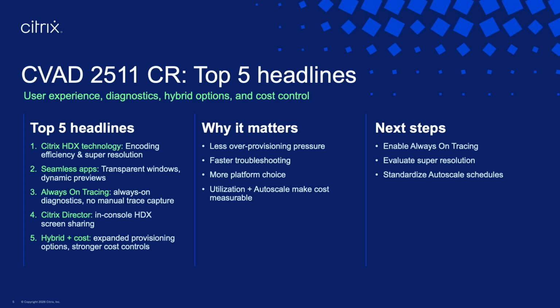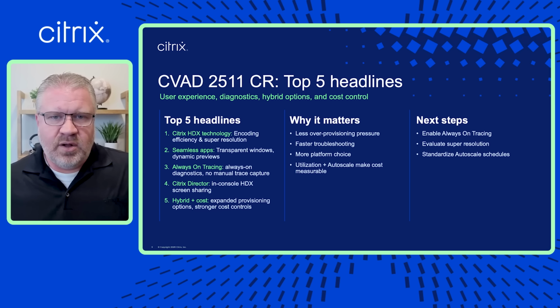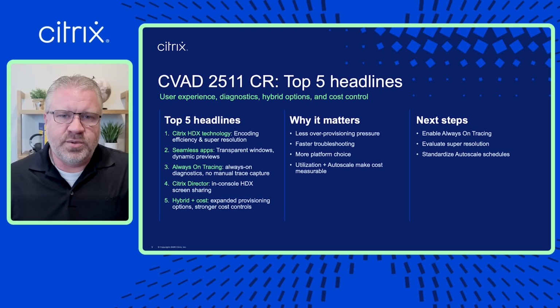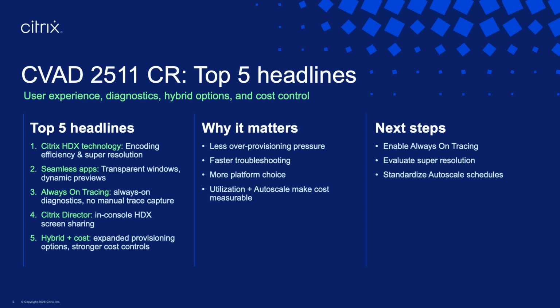Second, seamless app enhancements like transparent windows and dynamic previews are all about making apps feel more native and reducing visual friction for users. Third, always-on tracing is a meaningful operational shift because diagnostics are captured continuously. So when you're troubleshooting, you have historical context without needing to reproduce the issue or manually capture traces.